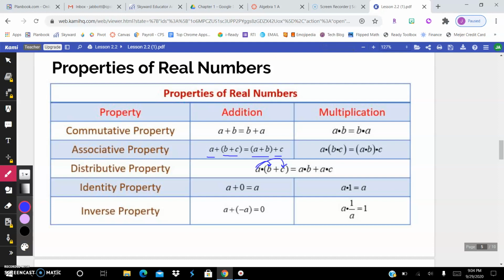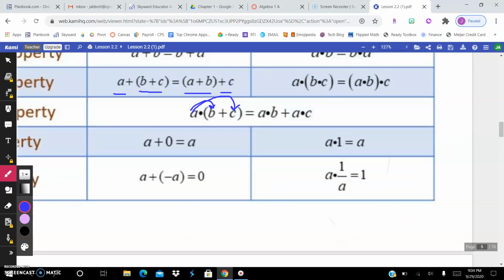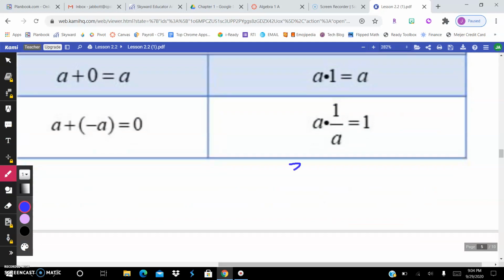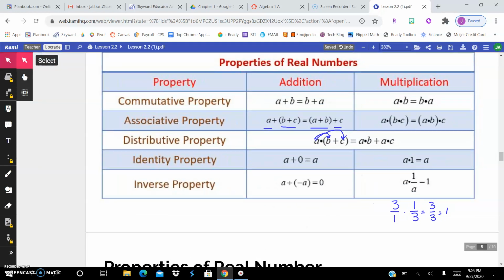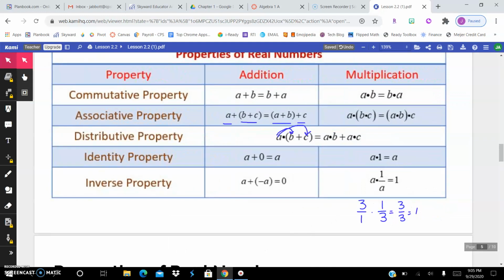So if I take a number and add its opposite, I'm going to get 0, or its inverse, okay? And then for multiplication, it's saying that I can take a number and multiply by its reciprocal, which is just a flip of the fraction. So 3 is really 3 over 1. They're telling me that I can flip that and multiply, and I'm always going to get 1. Okay, so those are the properties. Might be a good idea to have those in your notes.